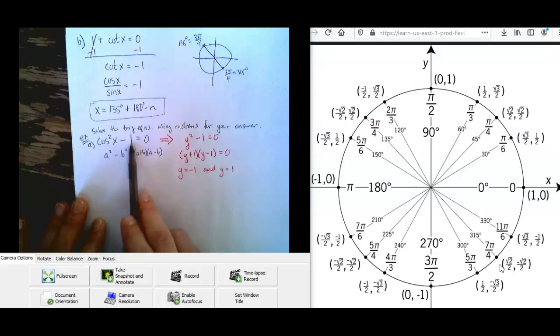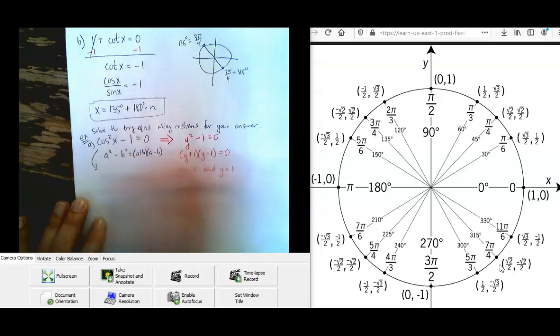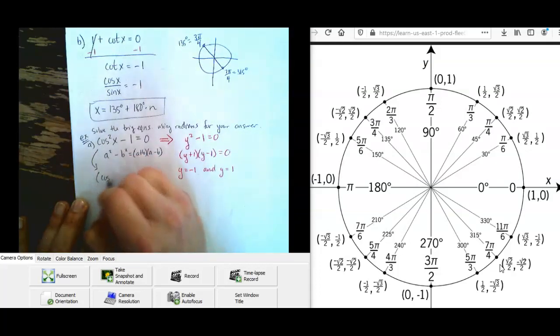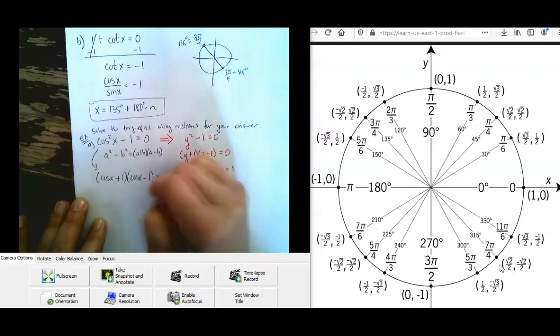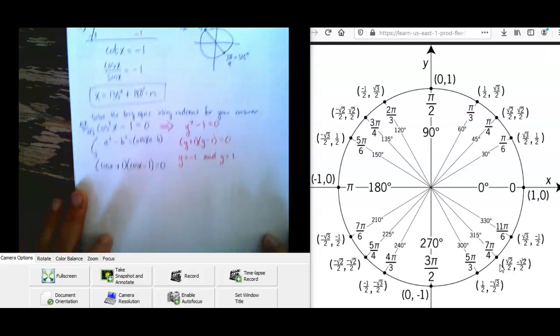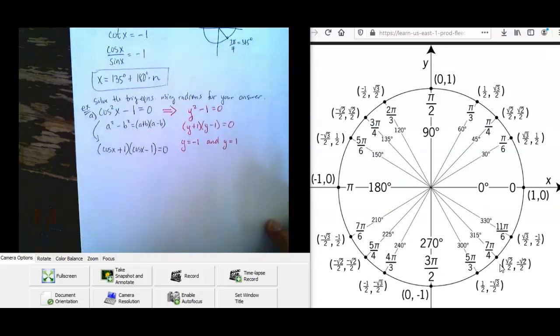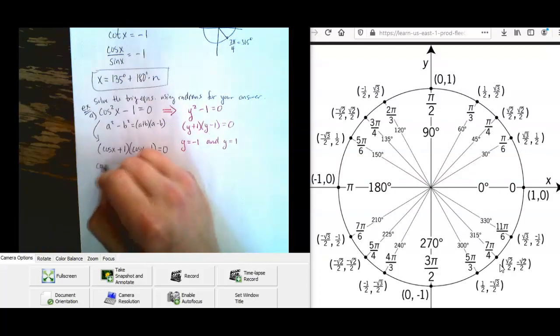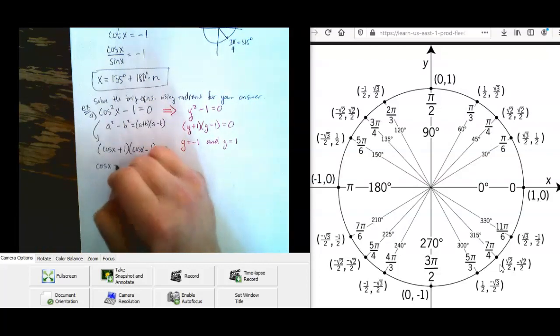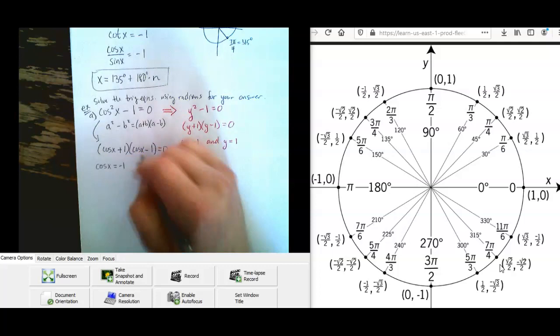B squared is like 1, so b would be equal to 1. Therefore, we can factor this like cosine of x plus 1 times cosine of x minus 1 equals 0. That means solutions occur where cosine of x equals negative 1 and cosine of x equals positive 1.